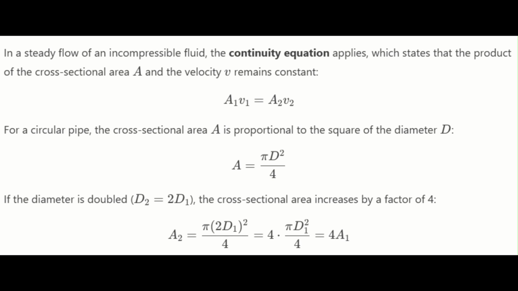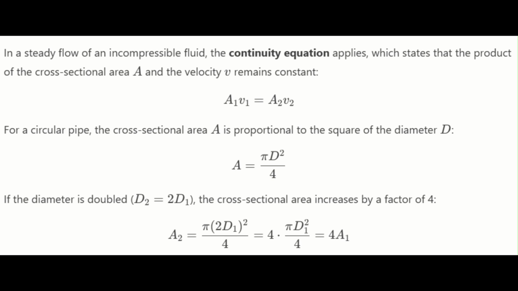Obviously it will be a circular pipe, so the area is pi d square by 4. Substituting 2d1 for the diameter, we get 4 times the first area. So A2 equals 4A1.